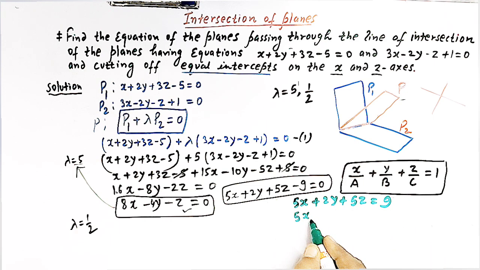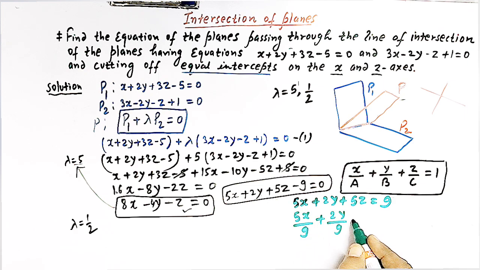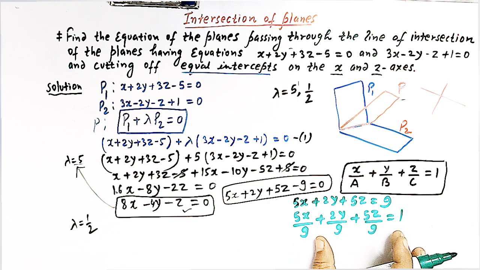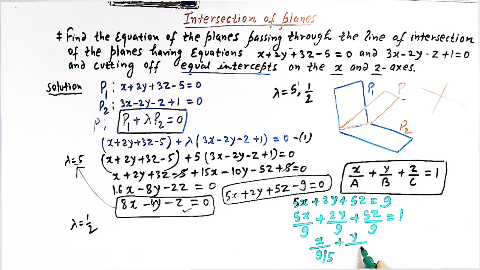So we have 5x over 9, then we have 2y over 9, and then we have 5z over 9 is equal to 1. So we can also write this equation in this form as x over 9 by 5, then we have y over 9 by 2, and then we have z over 9 by 5 is equal to 1.